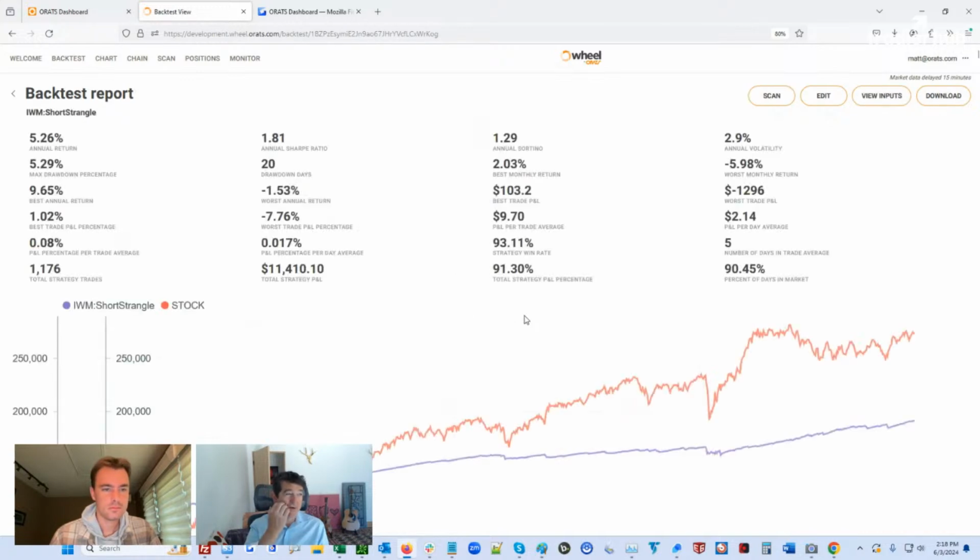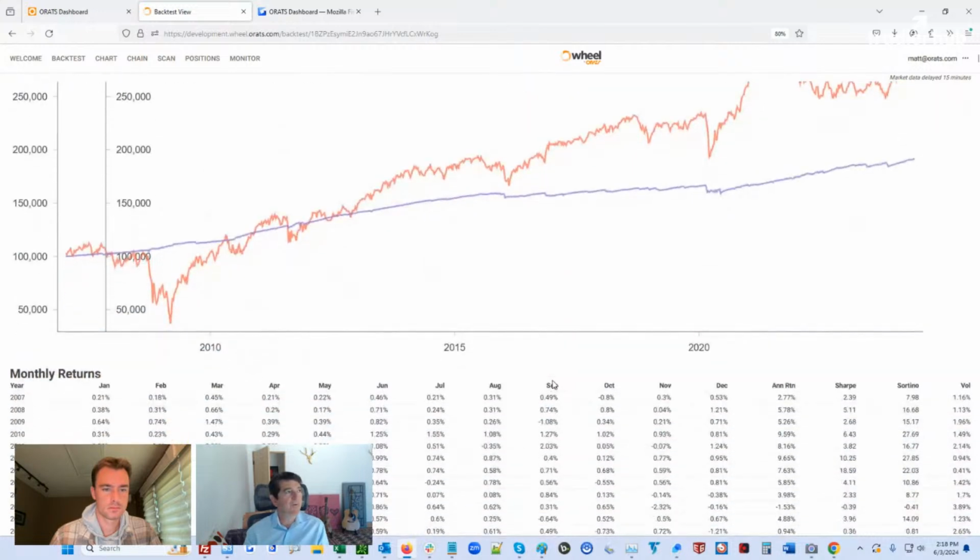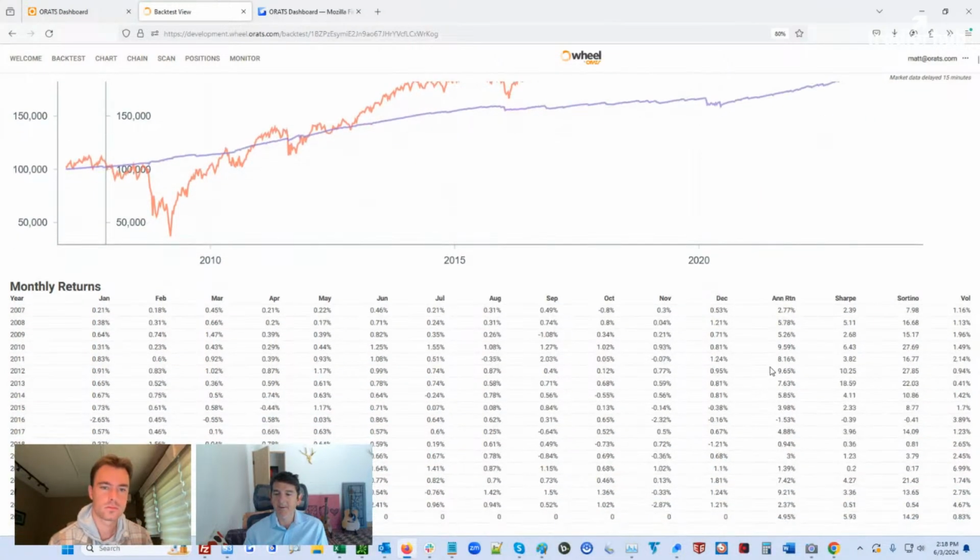First of all, it does two things. One, some places won't let you just naked sell a strangle, and what it allows you to do is use margin a lot better. And then also, on the times when this does poorly, the long strangle will do better.